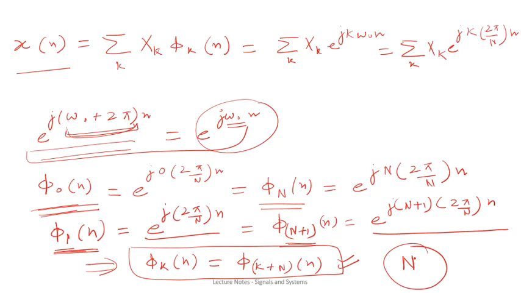This means an important conclusion about the discrete time Fourier series, which is that it has a finite number of terms. So this many terms will be present in a discrete time Fourier series.